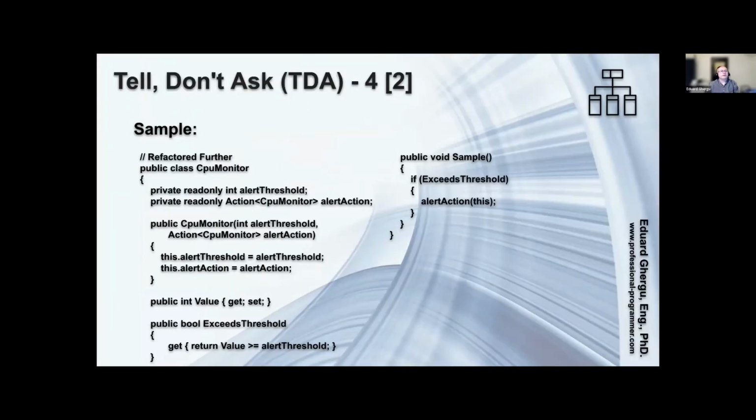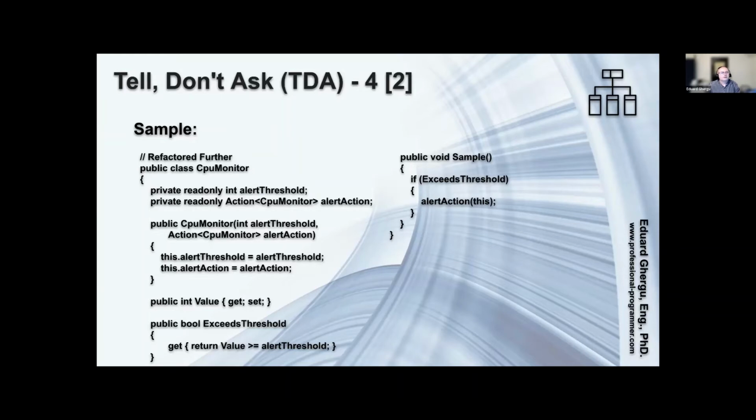And we can refactor this even further. Instead of hard coding the processing or iteration via the CPU monitors, we can have a reference to a function, an action if you're coming from a .NET world, or a pointer to a function or a reference to a function if you're coming from other technologies or languages.